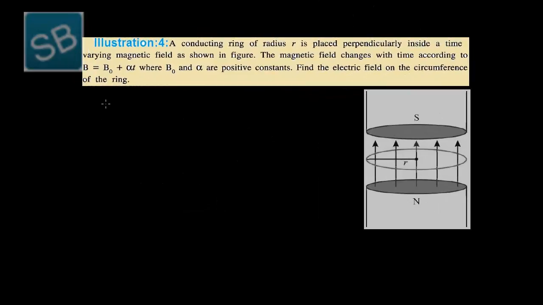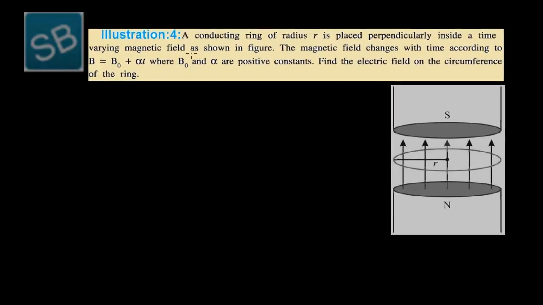Starting illustration number 4, it is stated as: a conducting ring of radius r is placed perpendicularly inside a time varying magnetic field as shown in the figure. So this is the ring. Here is the north and south pole. So between the north pole and south pole, a ring with radius r is placed.